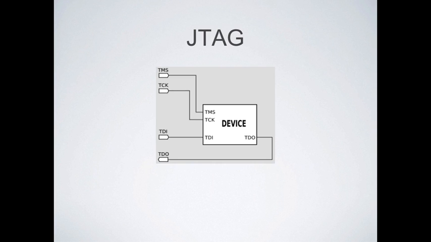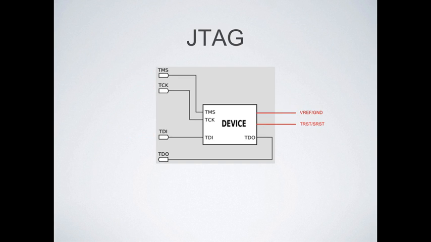JTAG is basically four lines, which is all you really need to tap into the JTAG on a device: test mode select, test clock, TDI, which is test data in, and TDO, which is test data out. But you can get away with just the clock, data in and data out.